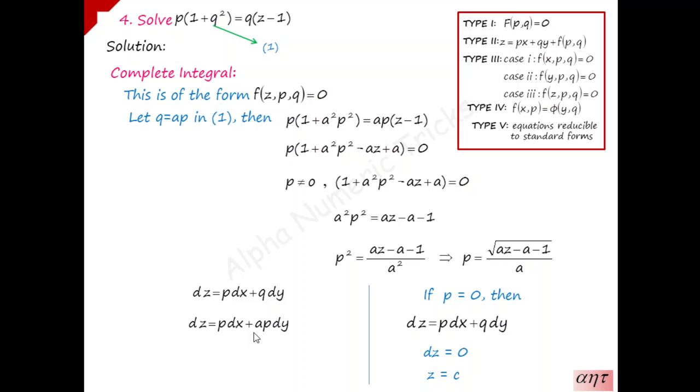dz is equal to p dx plus q dy, where q is ap. So integrating this, we have integral dz is equal to, p taken outside, p into integral dx plus a dy plus a constant, and the value of p is substituted here.